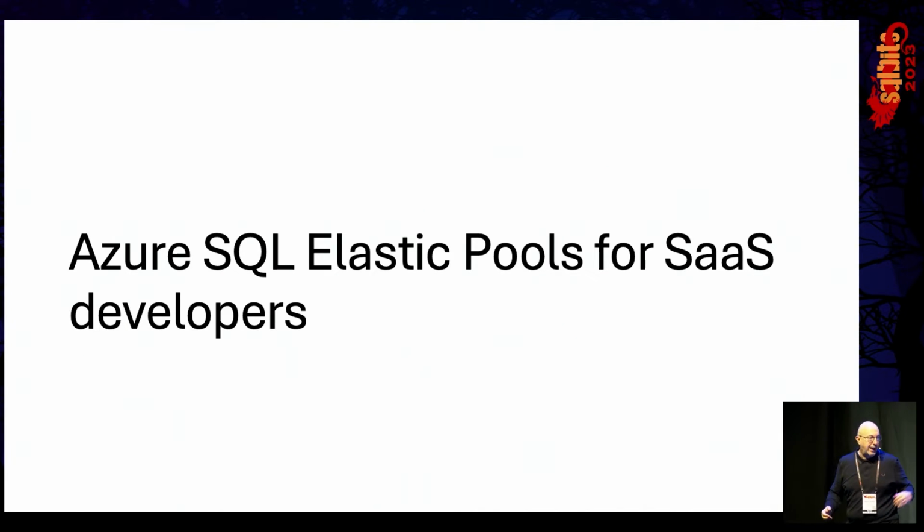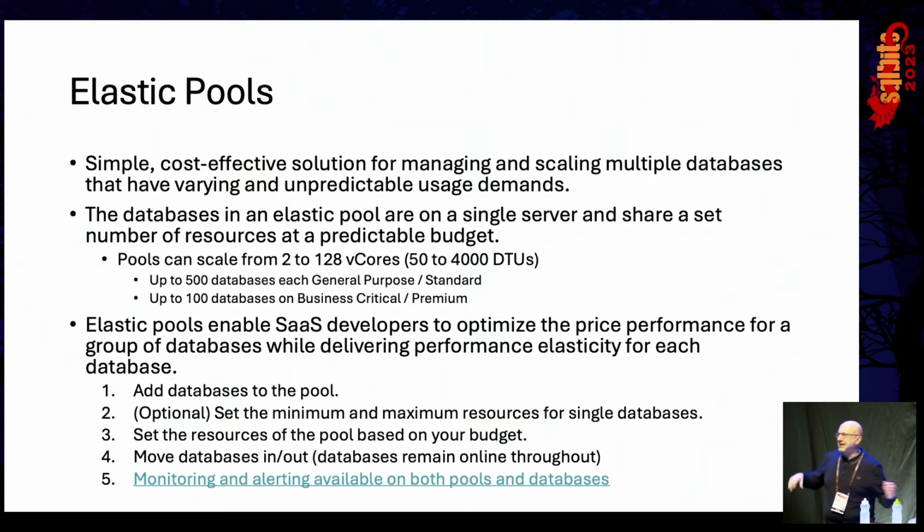grow our business. On the other side of the spectrum, the elastic pools in Azure SQL are basically giving us, as I was saying, a cost-effective solution for managing strong isolation between tenants. So all the tenants' data will get separated in their own databases, right?